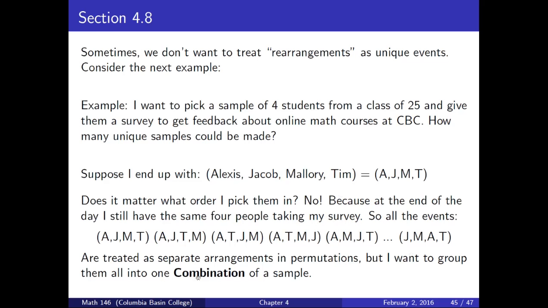So basically, if I get Alexis, Jacob, Mallory, Tim, Alexis, Jacob, Tim, Mallory, AJMT, AJTM, AMJT, dot, dot, dot, all of these events are separate arrangements, separate permutations because they're reordered, but for me, I don't care. I treat all of these as the exact same sample because I have the same 4 people. I want to group them all into what we call one combination of a sample.